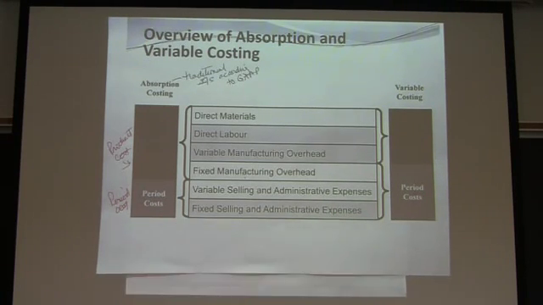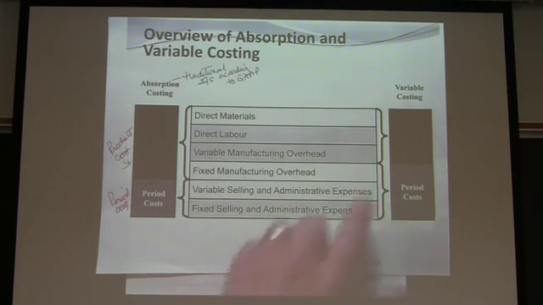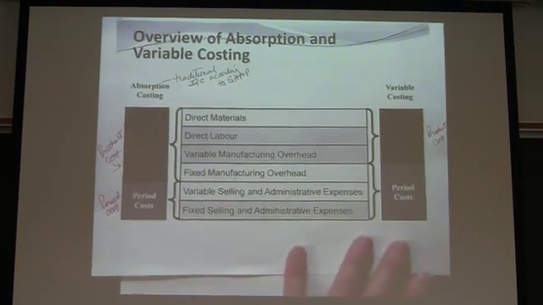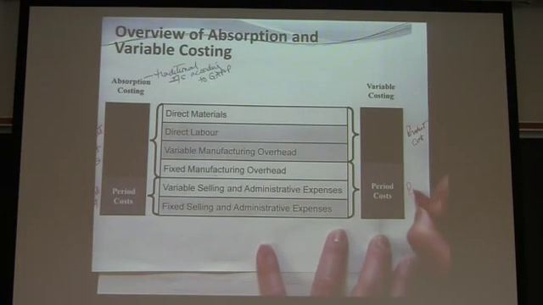So, in other words, if we end up producing more than what we sold, then some of those per unit costs that we're going to include in ending inventory will only include variable cost. So these are what we call product cost, and these are period cost.